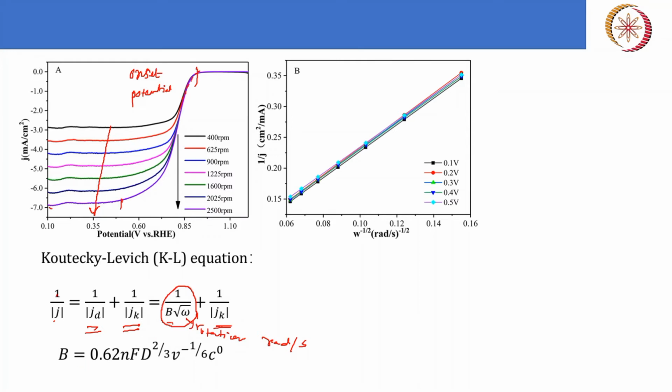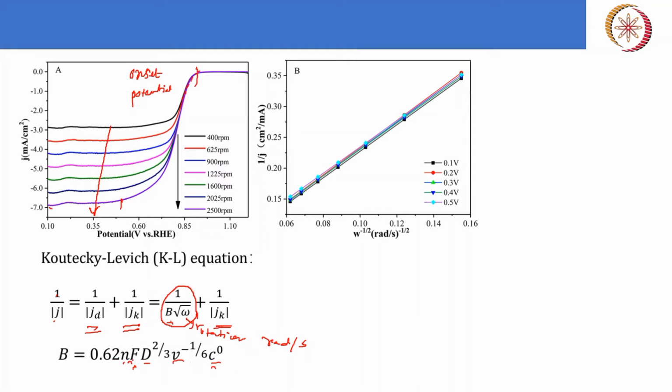So this B value is a constant, basically 0.62 n F D to the 2 by 3 nu to the minus 1 by 6 C0, where n is the number of electrons in this reaction, F is the Faraday constant, D is the diffusion coefficient of that electroactive species, nu is the kinematic viscosity of the electrolyte, and C0 is the bulk concentration of your electroactive species.